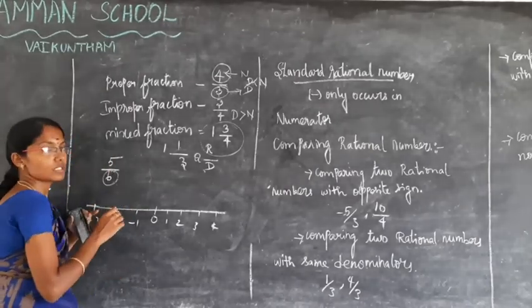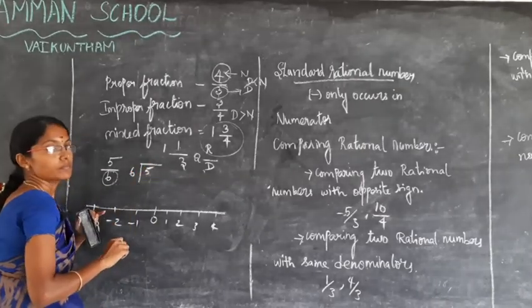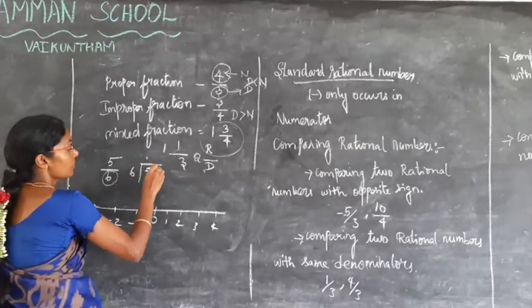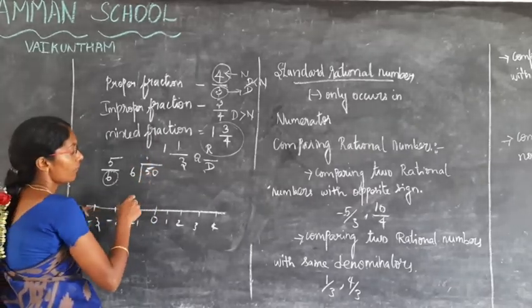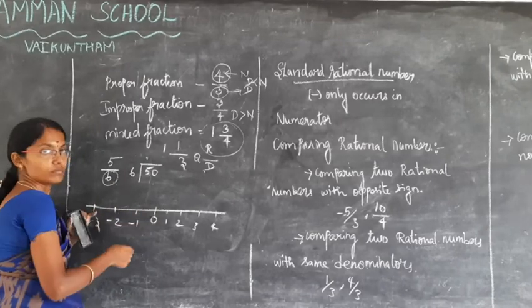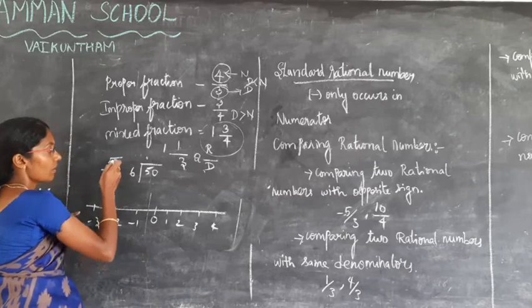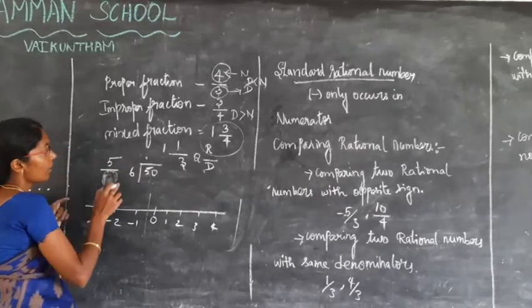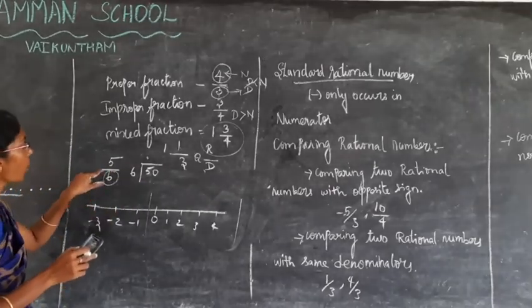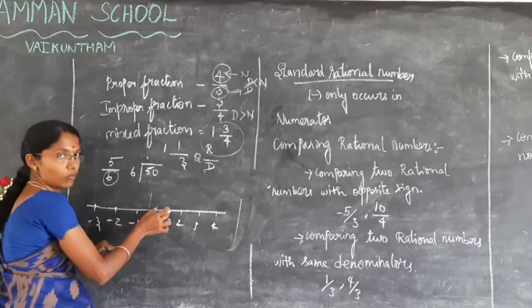So how will you represent this? It will occur within 0 and 1, so that is on the positive side, since the denominator is more than the numerator. Okay, so it occurs between 0 and 1.